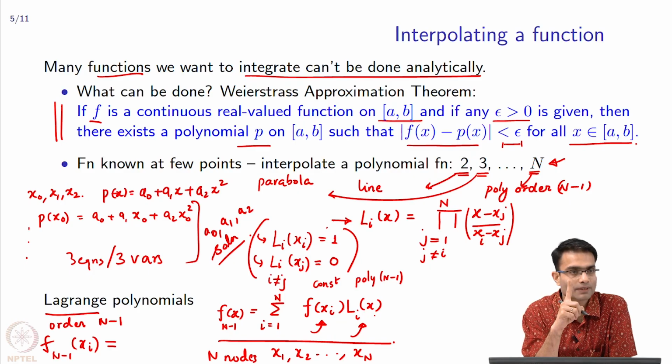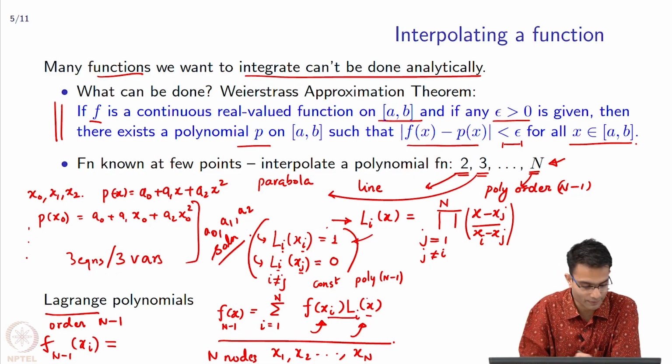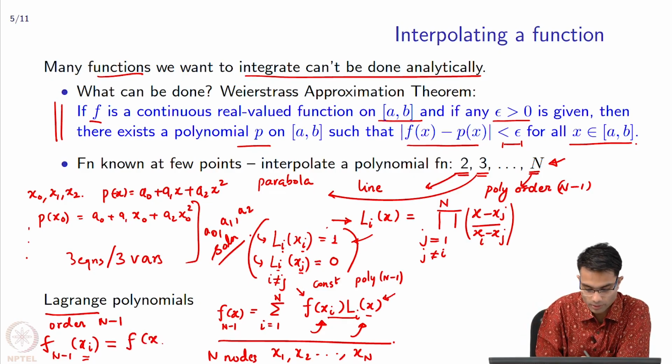Only one term will survive, because these Lagrange polynomials, they are 1 only for this i equal to this i, but if this i and j are different, then it becomes 0, right. So, in this summation over here, there is only one term that will survive when I substitute xi, right, and that term will have value 1 from here, and what will be left here is simply f of xi.